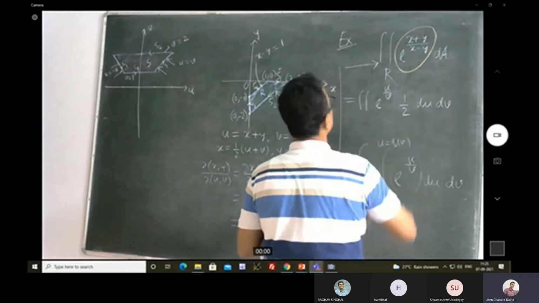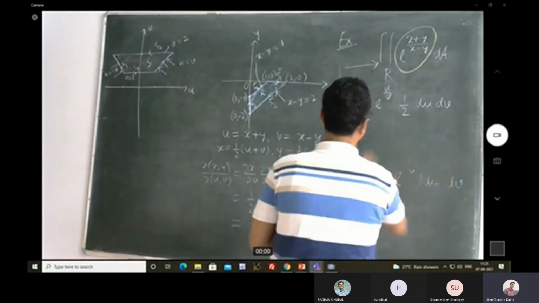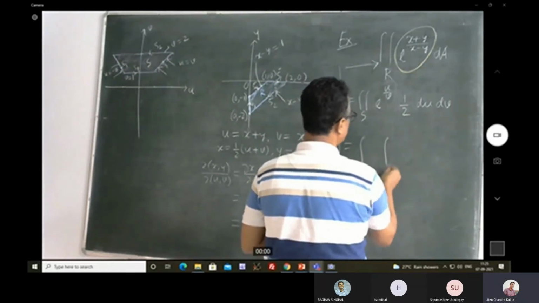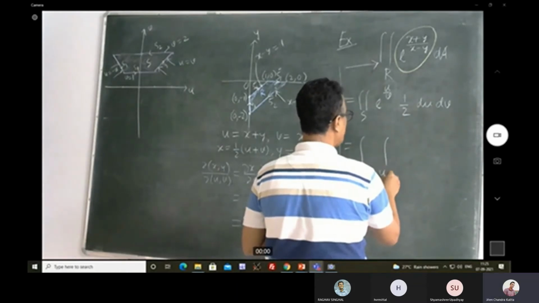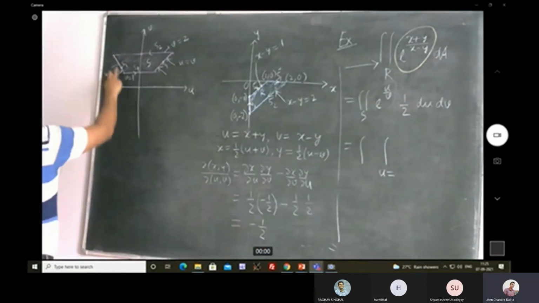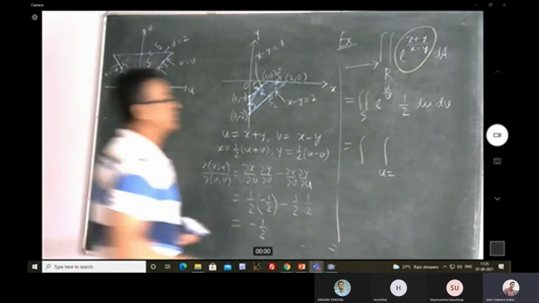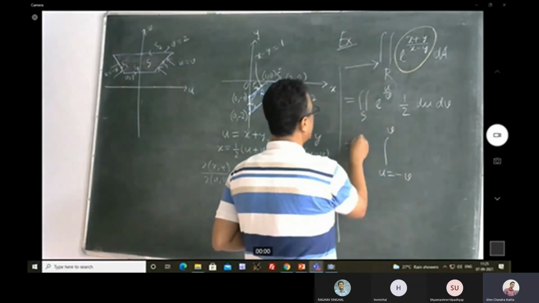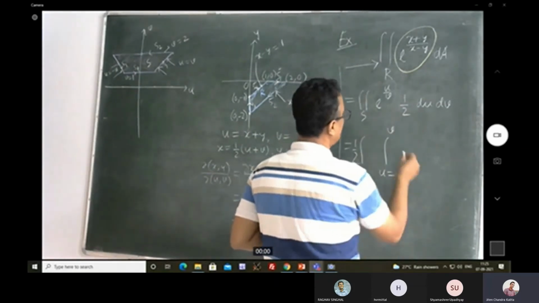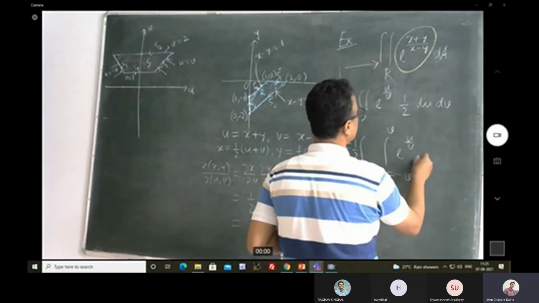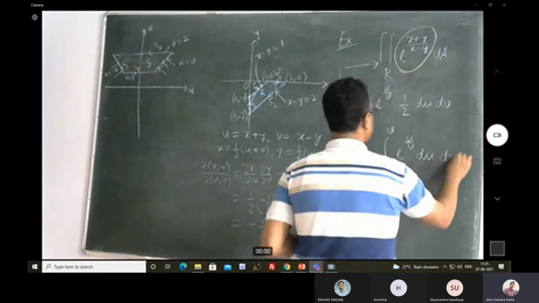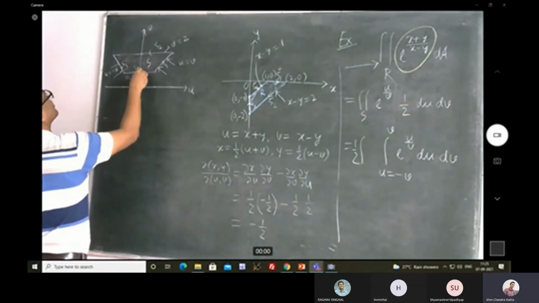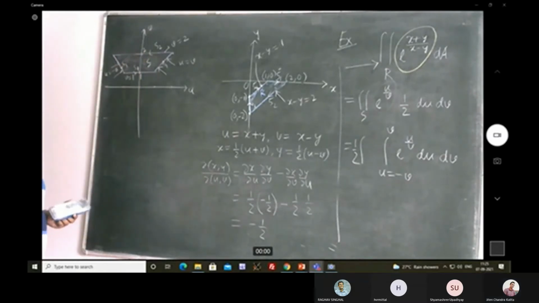So u equal to, and you can see that the left boundary is simply minus v and the right boundary is v, and then e to the power u by v du and dv, and you can see that your v simply goes from 1 to 2.